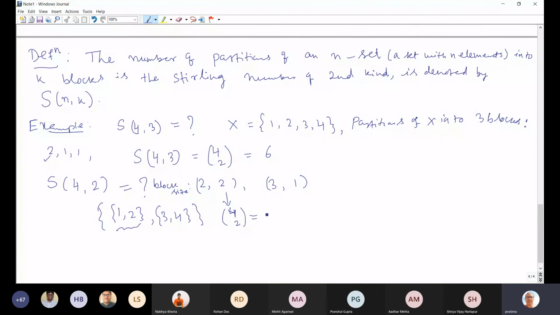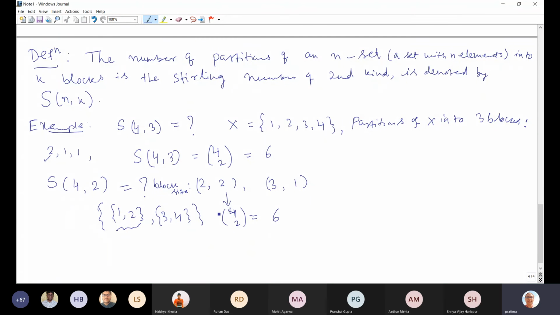Out of this, we are selecting 2 subsets. Whenever we select the pair 1, 2, then 3, 4 is determined uniquely, and when we select 3, 4, then 1, 2 is also determined uniquely.